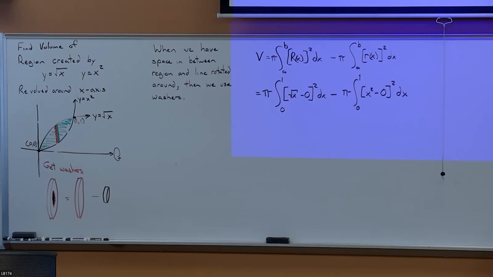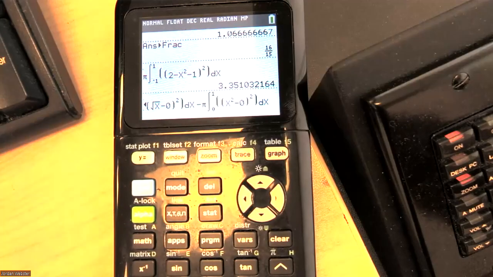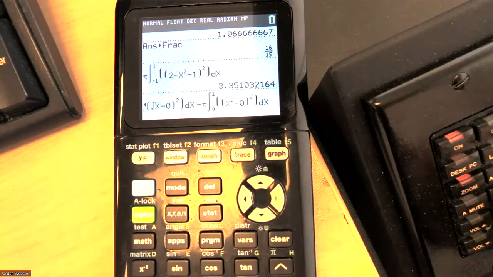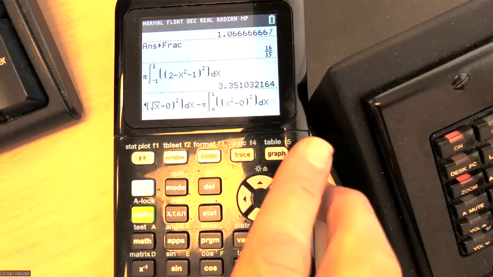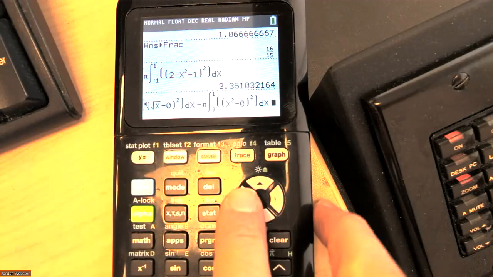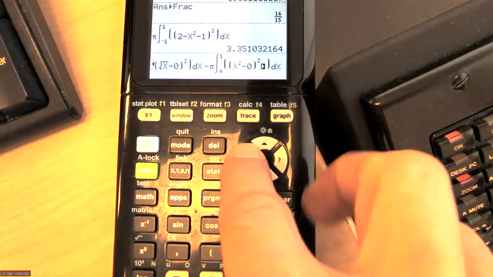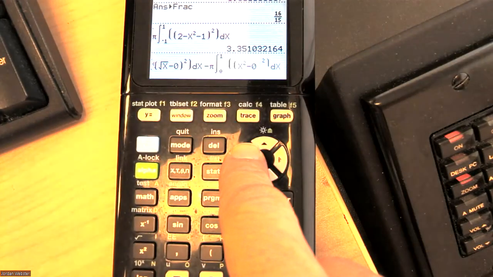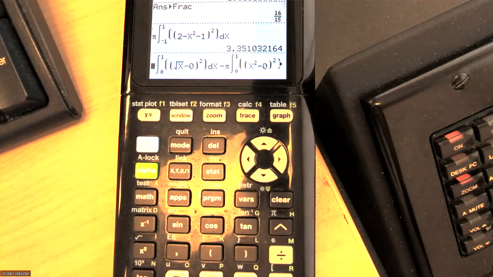Let me actually replace the spotlight, show that. So again, I've typed the whole thing on one line. Okay, see that?